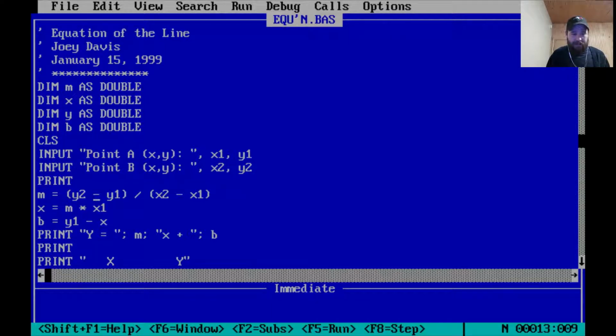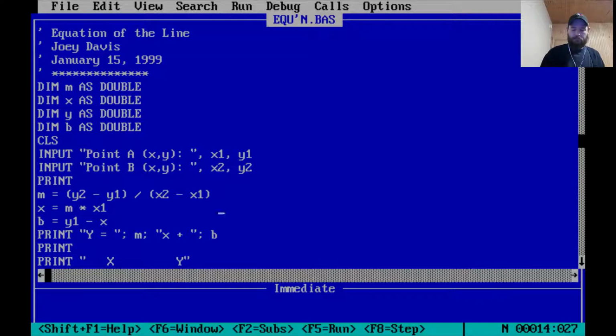And so my x value is m times x1, and my b value is y1 minus x. Whoa, what did I do there?